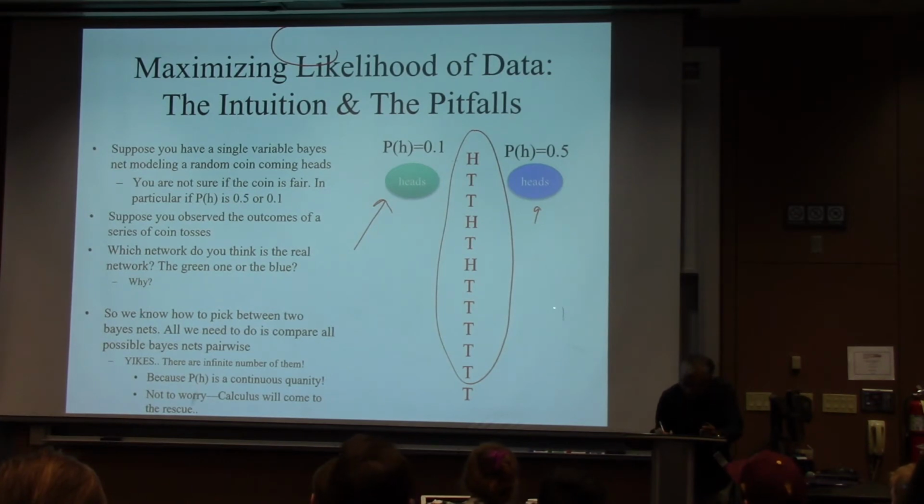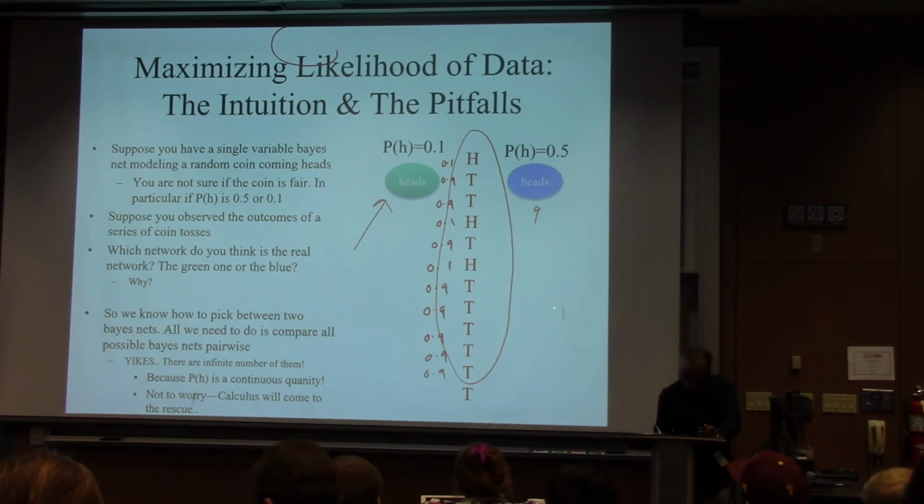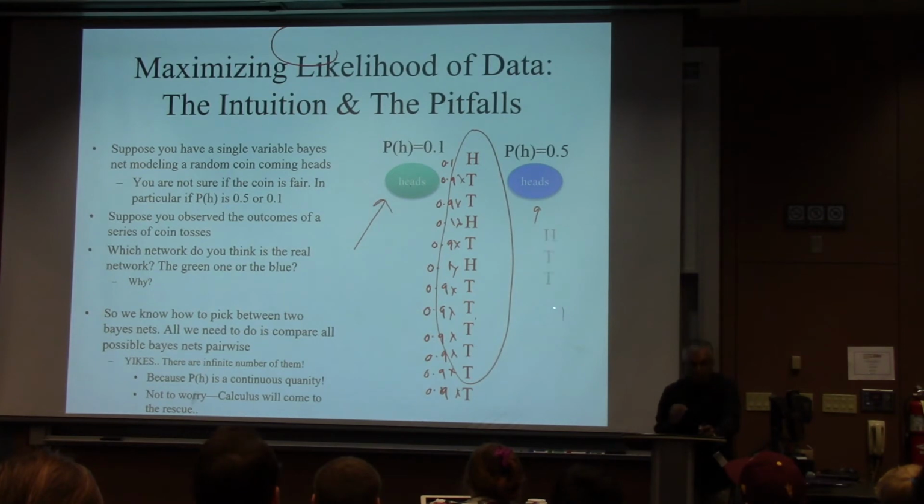To get this sequence with this coin, I would have a 0.1 probability times 0.9 times 0.9 times 0.1 times 0.9 times 0.1 times 0.9 times 0.9 times 0.9 times 0.9. These are all multiplications. Multiply this whole thing in your calculator and you get a number. That's the likelihood of this data being generated if this was the hypothesis.